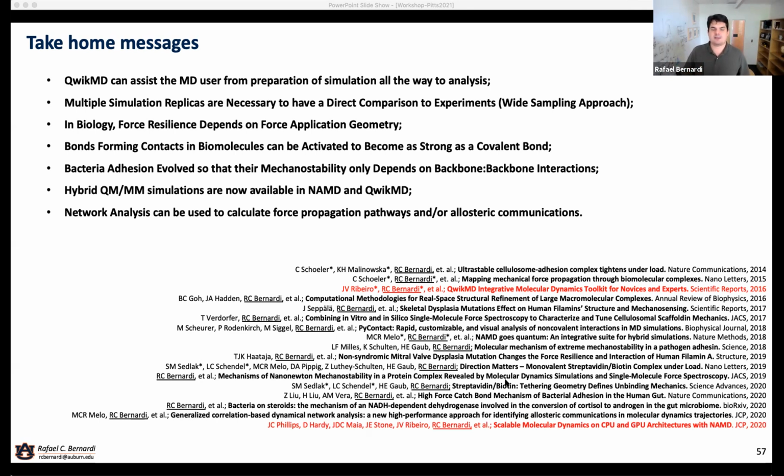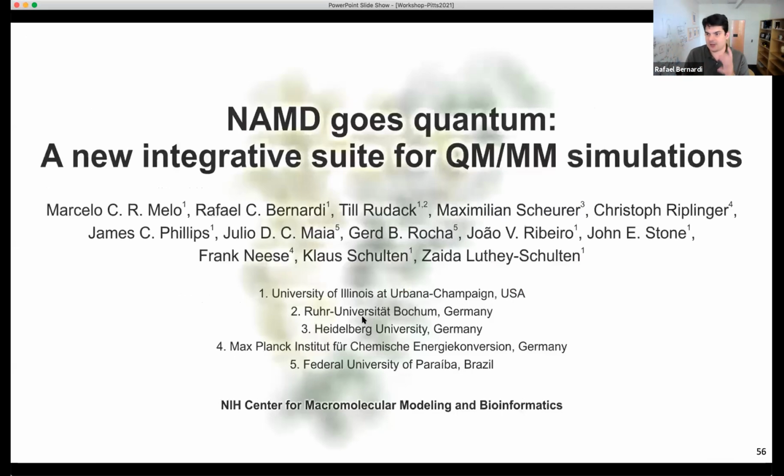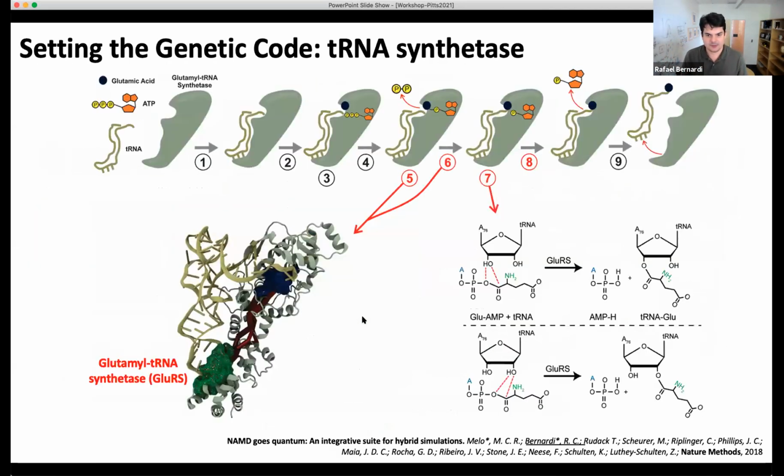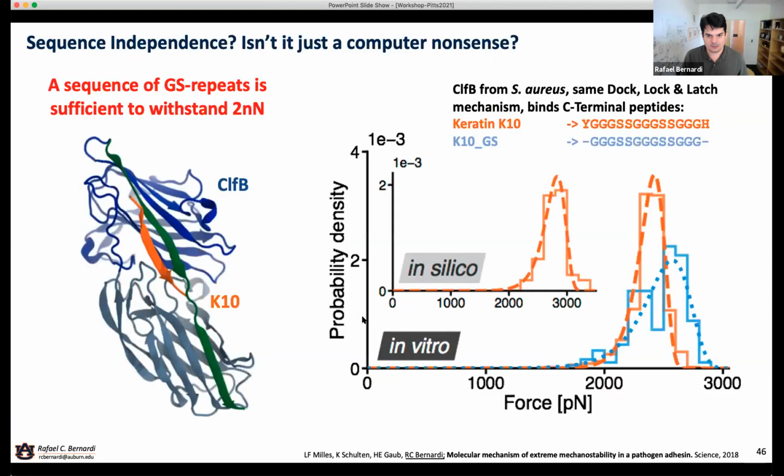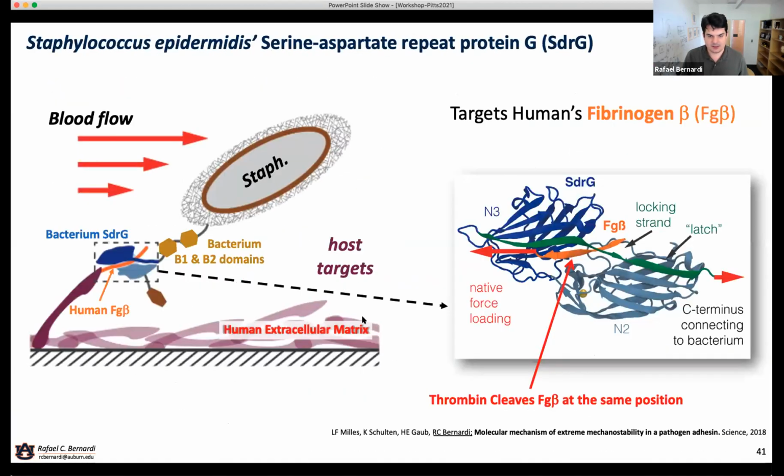But in my case, I want to make sure that I'm getting higher force or lower force if I change one amino acid. And because force depends on the distribution, that is the Bell-Evans distribution, I can go back here. That's the reason why I do so many replicas. So let's look at this plot here, for instance.